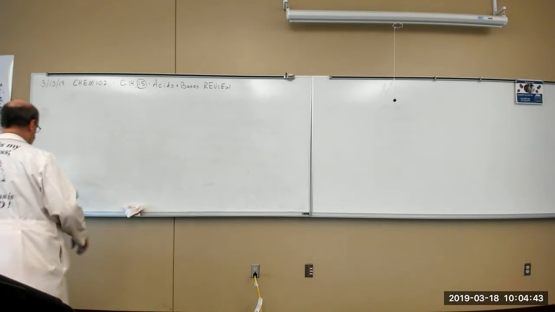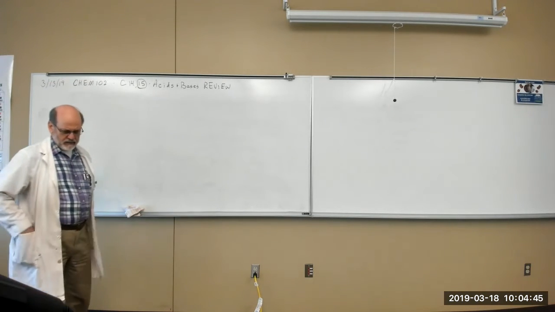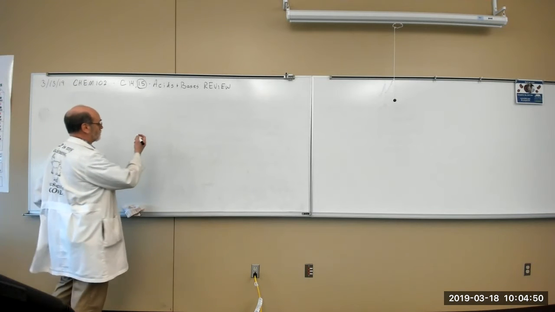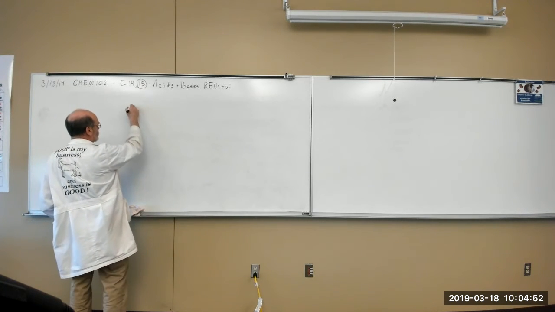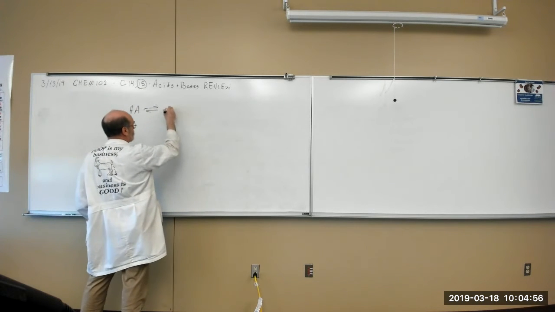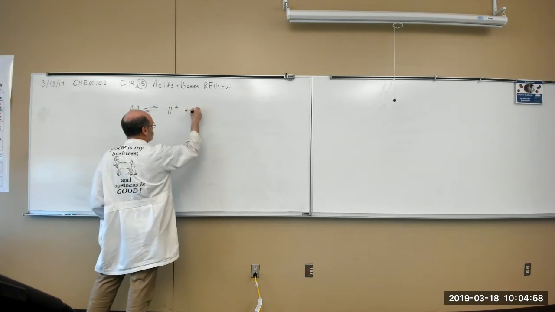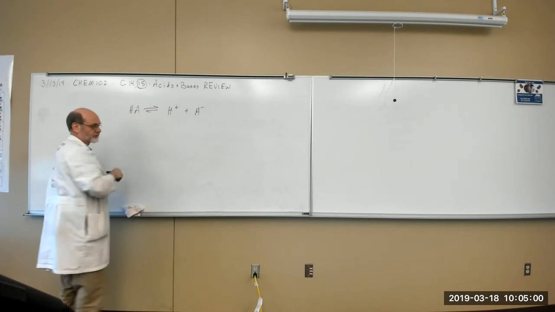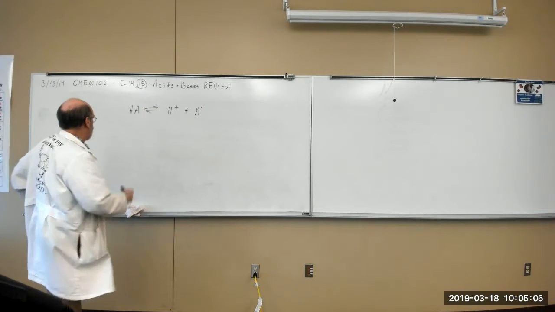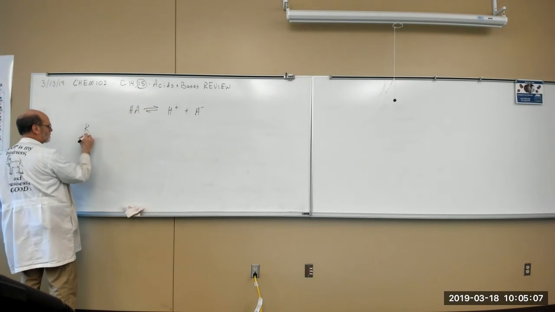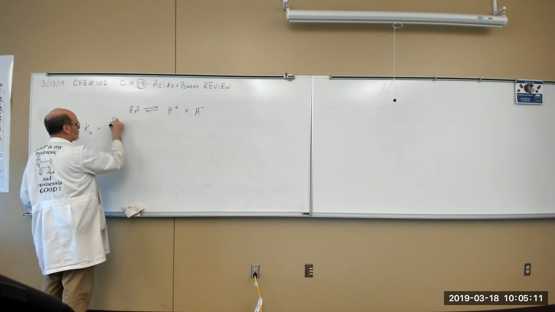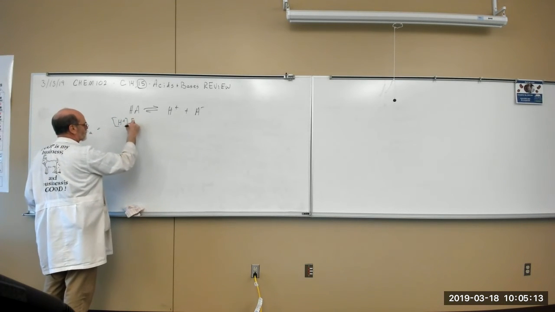So let's take our generic acid dissociation, and we'll use the simplified version. Rather than reacting with water, we just say it dissociates in solution to produce that. So our K value for this reaction is this expression.